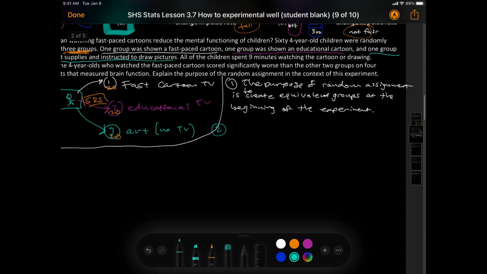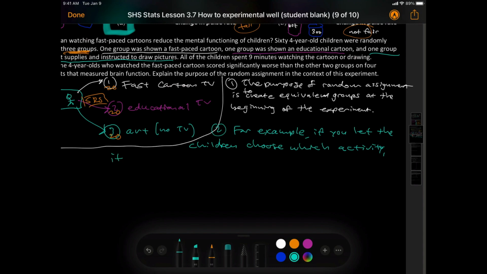Idea number 2, I'm also thinking, for example, if you let the children choose which activity, it is possible, such as one gender, like maybe girls, choose drawing.